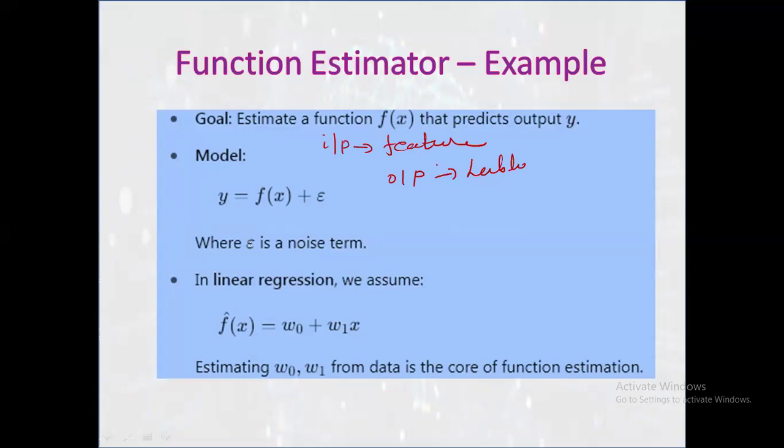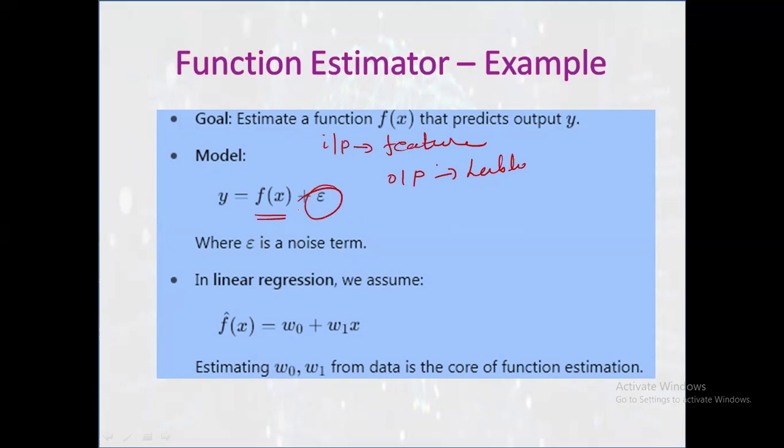For example, in predicting house prices based on square footage, the function might be f of x. We can write it as w0 plus w1 x1 plus w2 x2, etc. The underlying model assumes that some noise is present in the data.